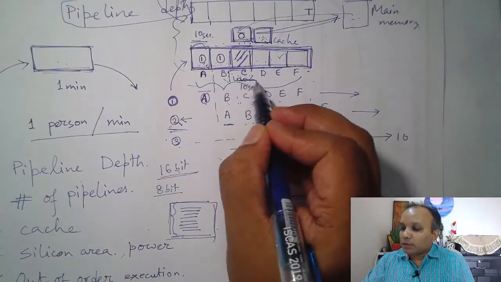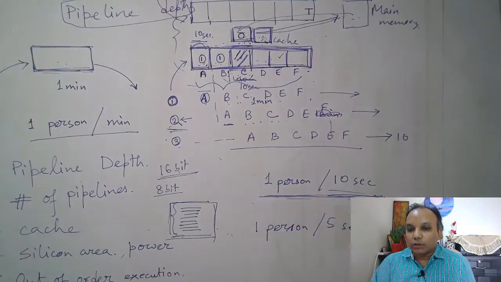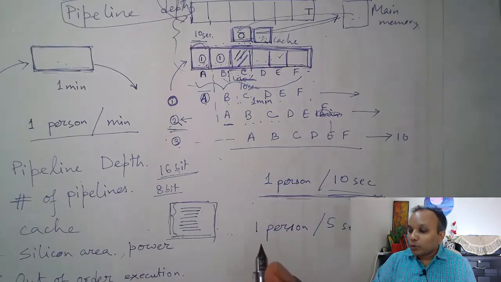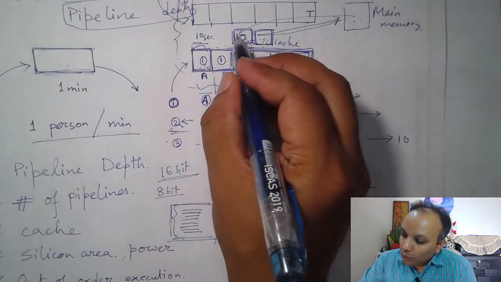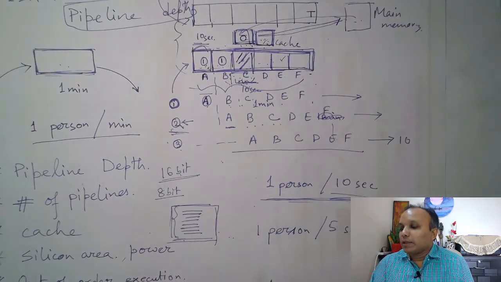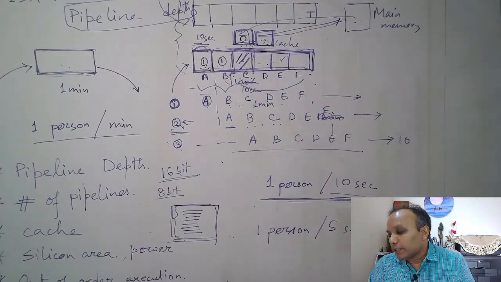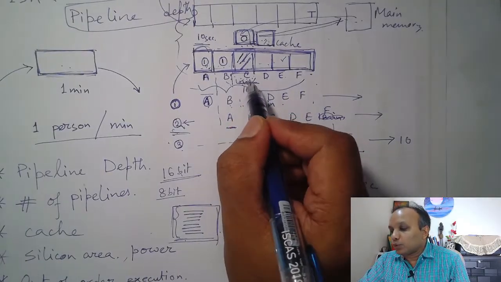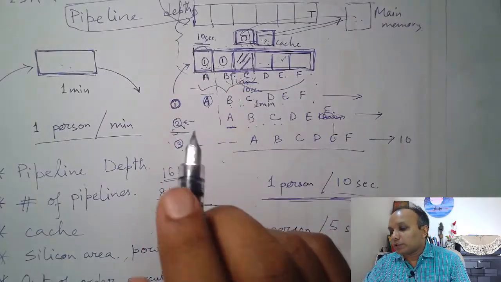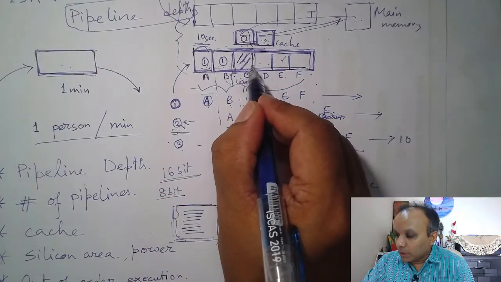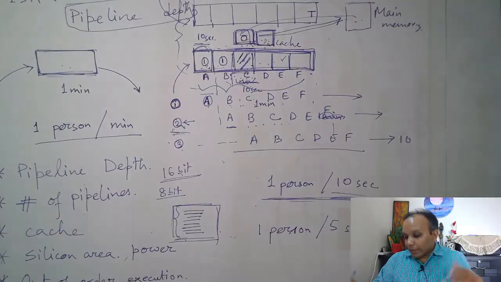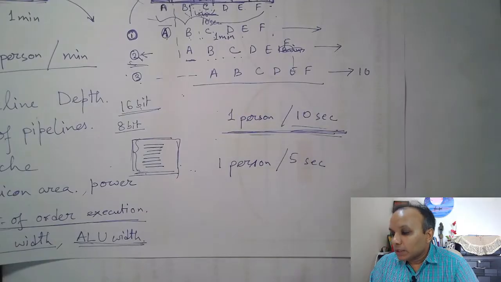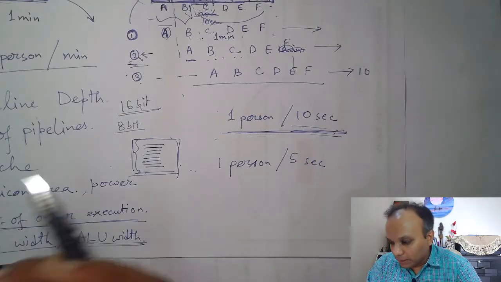Then this execution can be made faster compared to the case where there is only one roti maker trying his best to make those rotis. If every person is on an average taking 2 rotis, then he has to make 2 rotis for each person and it will take more time. So, if you have a wider ALU which can handle, let us say, 64 bits at a time, it can get the execution done faster.